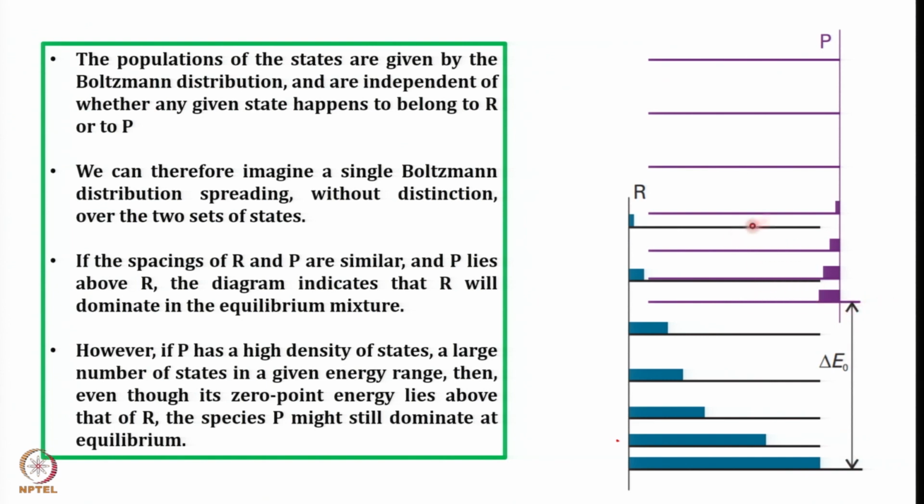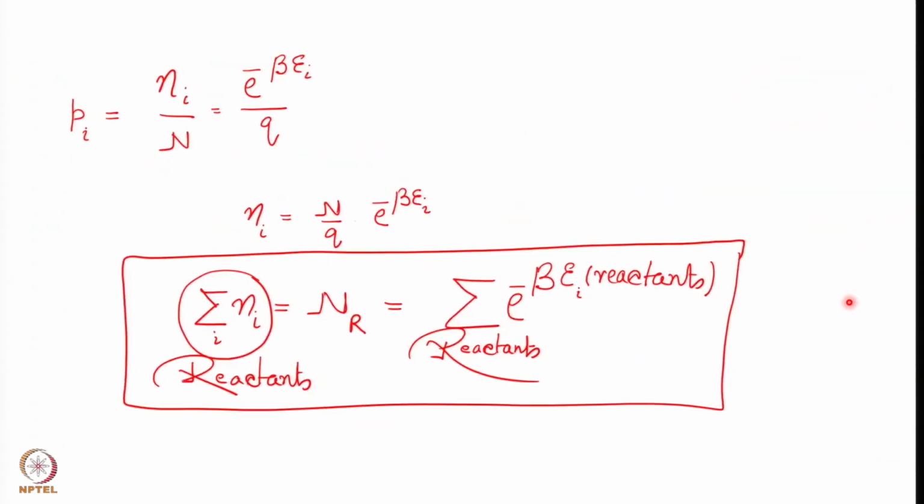And then remaining energy levels are corresponding to this 0 point energy levels. We will use this information when we derive next equation. But what we have got is, we have now understood how to calculate the number of reactant molecules.